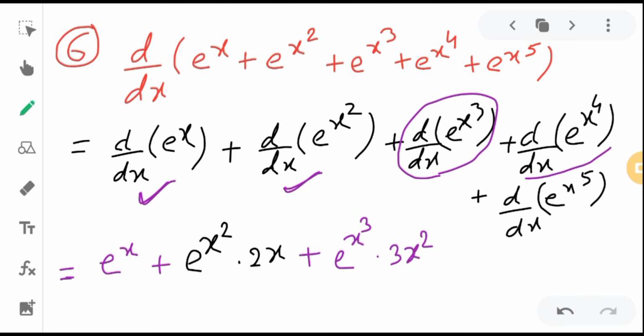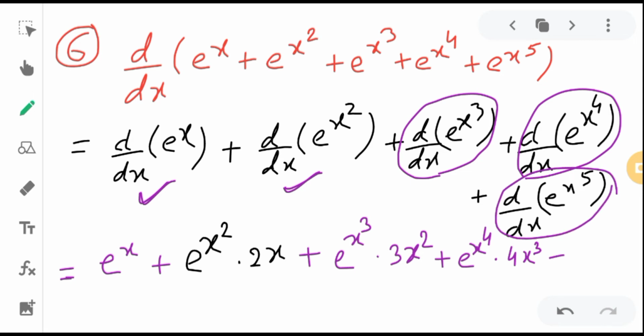Similarly for the next term, e to the power x4, and the derivative of x4 with respect to x is 4x cube. In the same way, for the fifth term e to the power x5, the derivative of x5 will be 5x to the power 4. Okay, so this is our derivative.